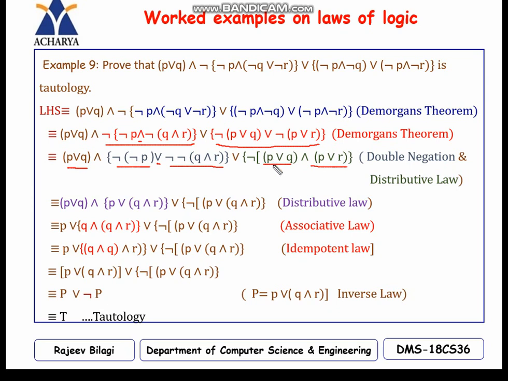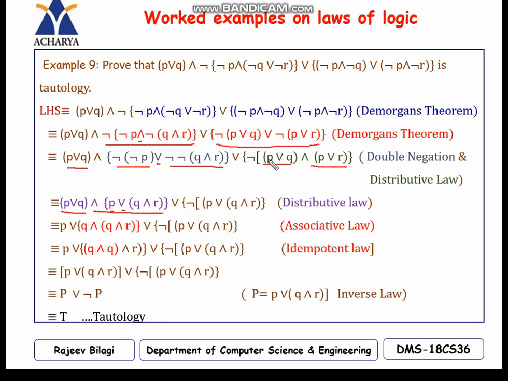Okay, so now if you look at P or Q, and negation of negation is P, or operator, negation of negation is, so the entire thing will become P or Q and R operator, negation. So here I can apply the distributive law.